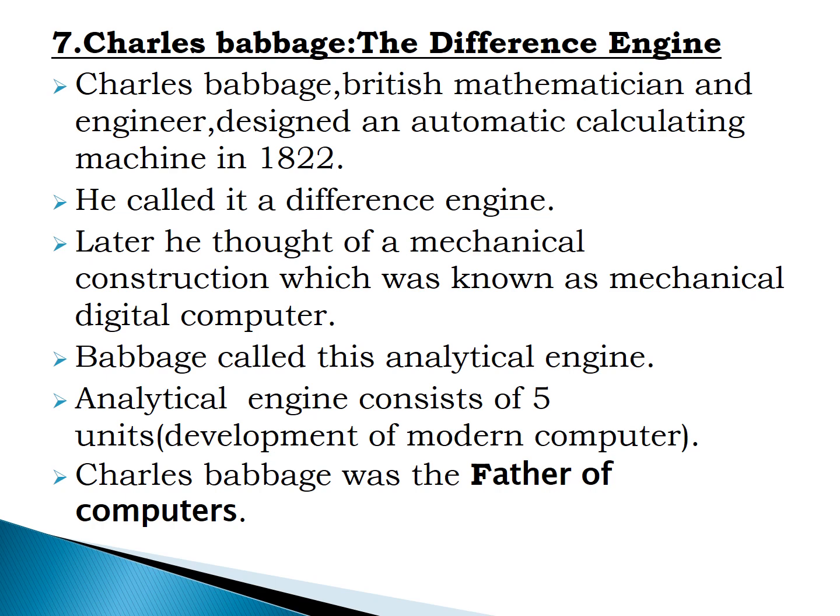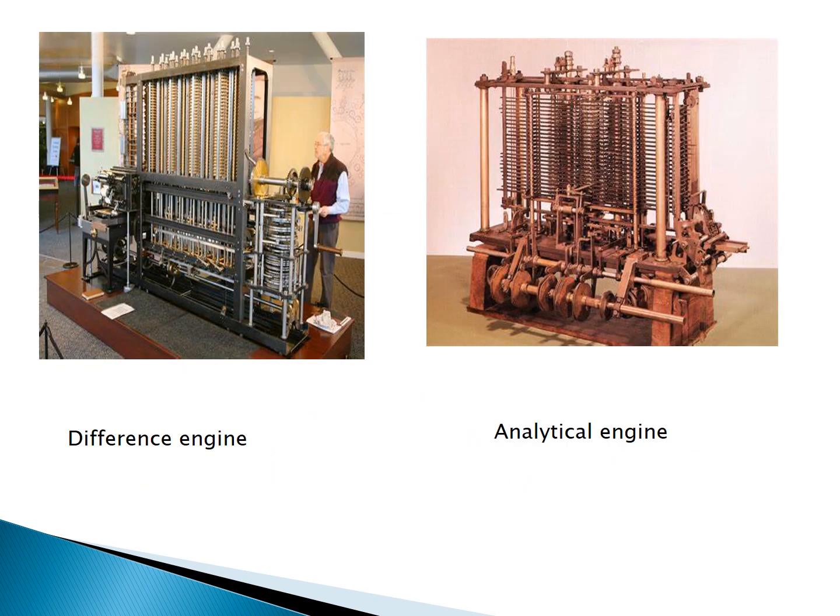Babbage called this the analytical engine, which consists of 5 units, and he is also called the father of computers. Let us see how the difference engine looks in the next slide. Just have a look at how the difference engine and analytical engine looked.